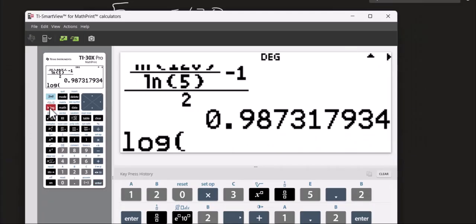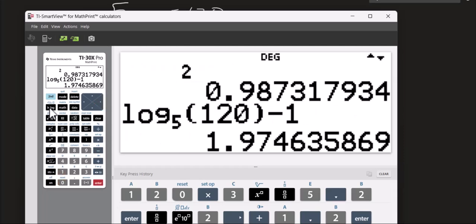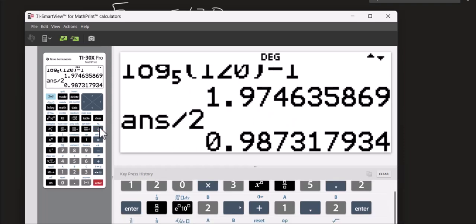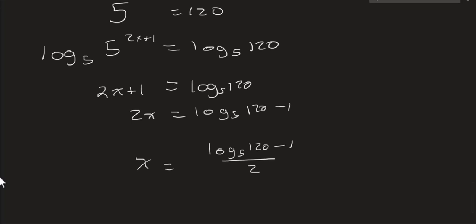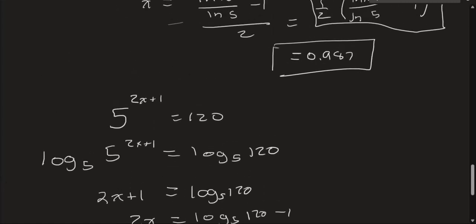And then on the calculator, log base 5 of 120 minus 1 divided by 2. 0.987. So that's just another way to do it. Neither one is better than the other. And that's that.